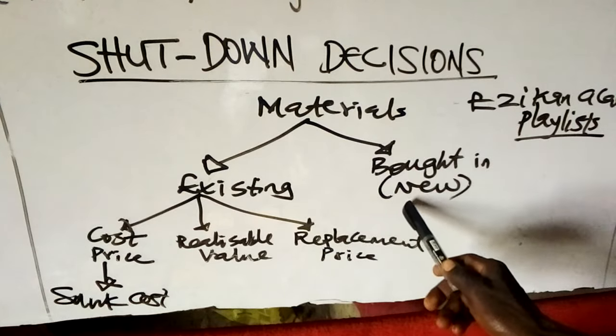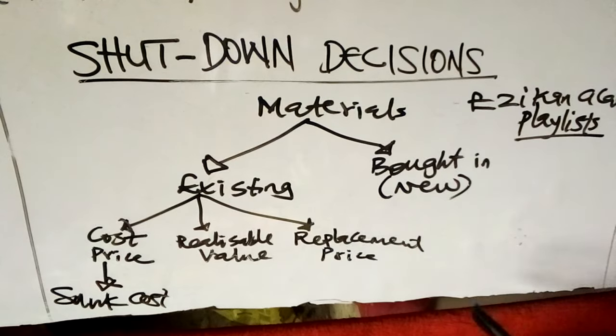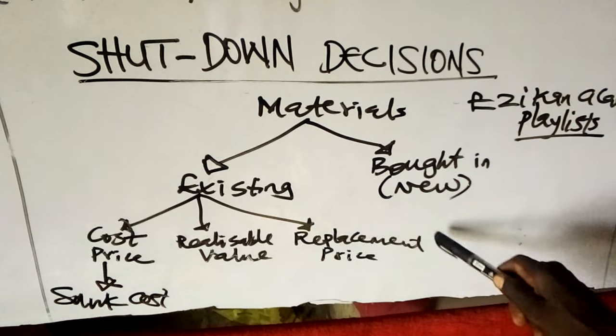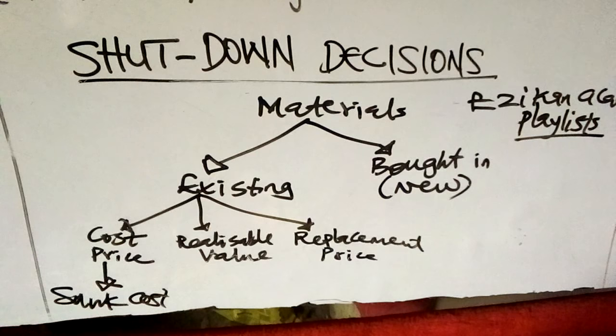Maybe they produce products A, B, C, D. If the material is in short supply, you forgo A and produce B, C or D, where the same material will be used. So you forgo that segment so that you can use the material on the most profitable one.